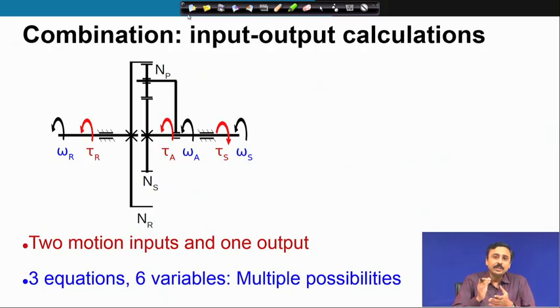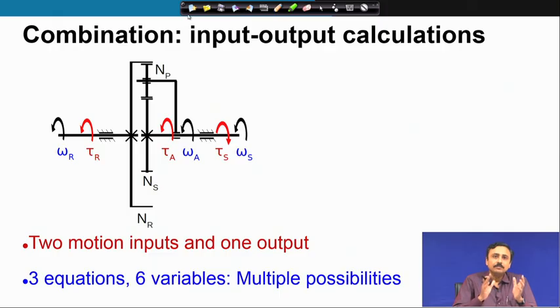The other equation was of power balance. The power input at the sun, power input at the arm and the power input at the ring must add up to 0, and the torque balance. These are the 3 equations we have. The 6 variables are shown in this figure: omega r, tau r, tau a, omega a, tau s, omega s.